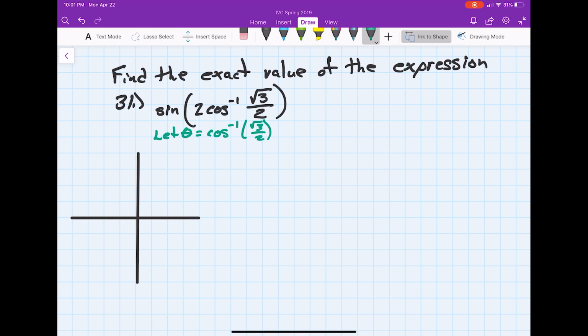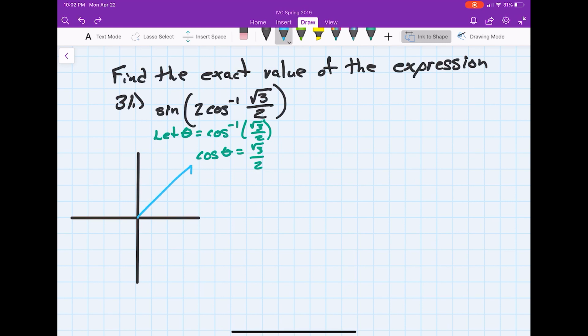So cosine theta would be square root of 3 over 2. Now in this case, we are going to need to know what sine theta and cosine theta are. So let's draw out our triangle here.